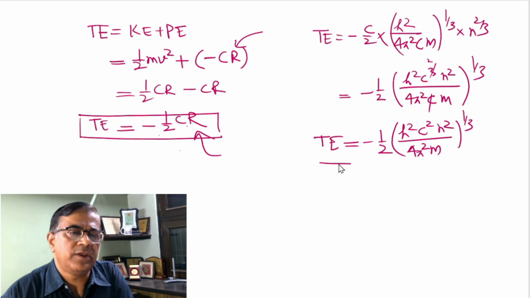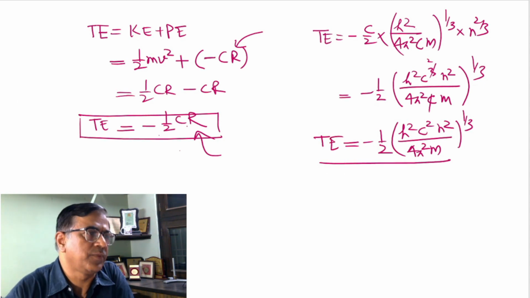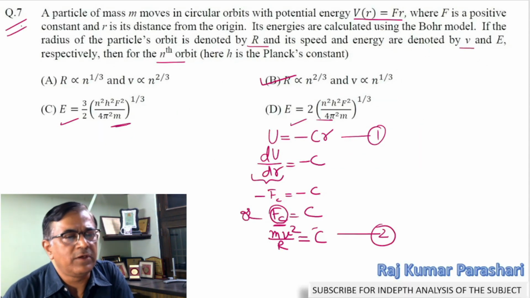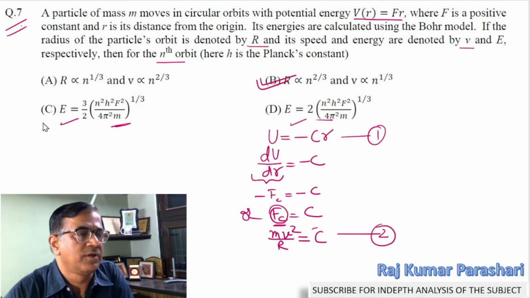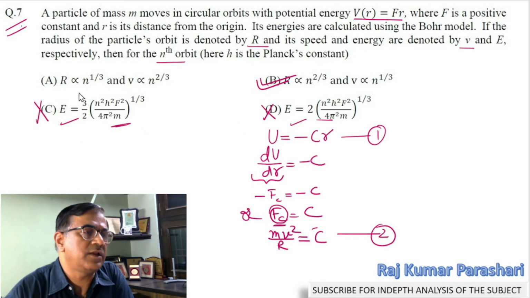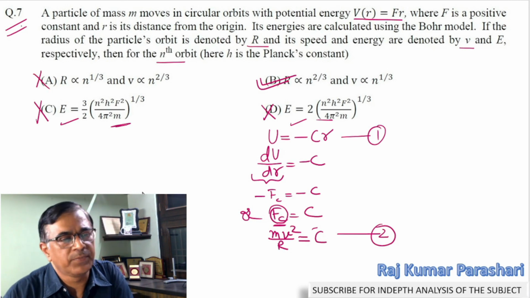So this should be the expression of total energy. So in my view, from the given 4 options, it is only the B option that matches, and C is incorrect, D is incorrect, and even A is incorrect. Thank you.